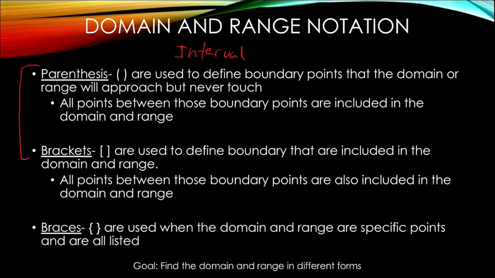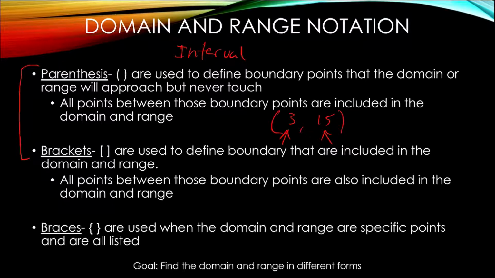So everything in between. So essentially what you're going to have, let's say I had two parentheses and said 3 to 15. Any point between 3 and 15 is going to be included in this interval. It exists. At 3 and at 15, I'm going to call those boundary points, is what you're going to hear the terminology in my class.